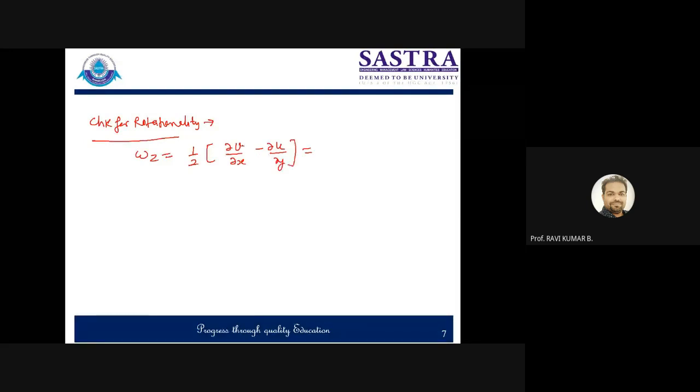Just substitute the value of u and v over here. If you put the value here, this will become −∂²ψ/∂x², and this is also −∂²ψ/∂y². So you are getting this term, right? That is in minus.